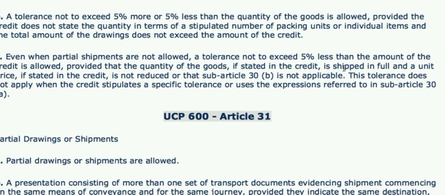And where partial shipments are not allowed, again this tolerance level is 5%. So there are some levels that apply if something is not mentioned. Amount wise it should be 10% plus minus, and quantity wise it should be 5% plus minus. And in case partial shipments are not allowed, it is again 5%.